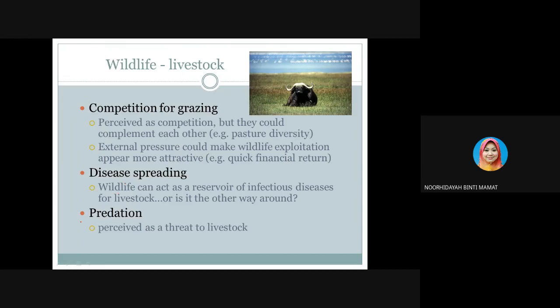The relationship is also regarding predation. For example, we are talking about wolves, foxes or tigers, that group of animals that are perceived as a threat to livestock. So the last relationship between wildlife and livestock is predation.